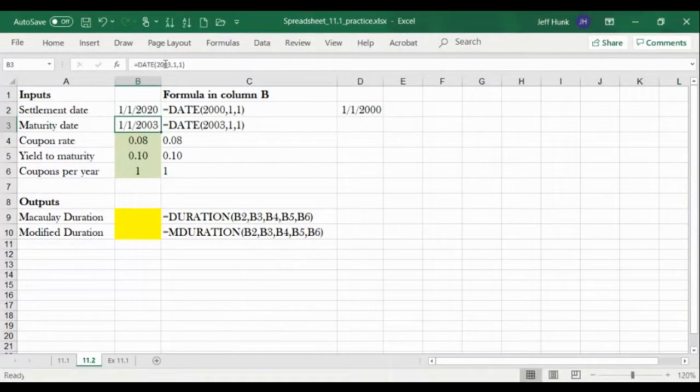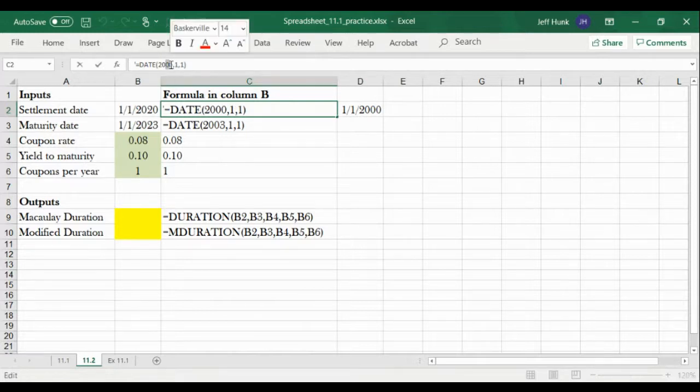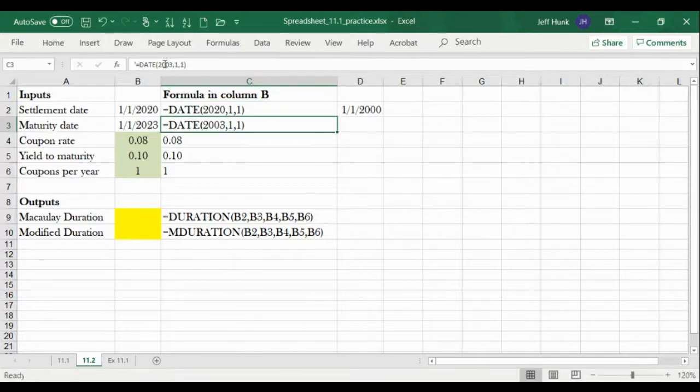Okay, and then if it is 3 years, 23. If you want to, you simply need to change this to 2020 and 2023, right?